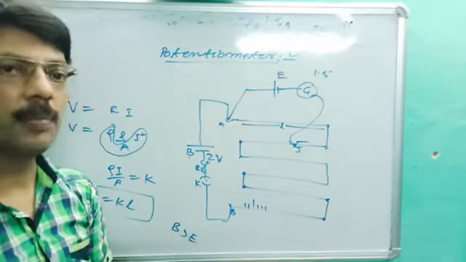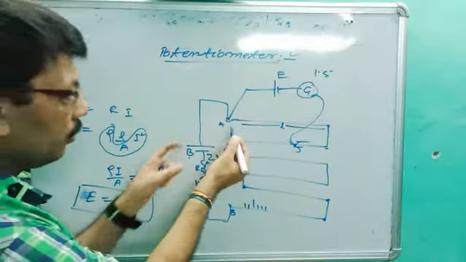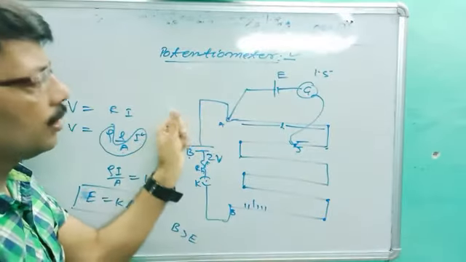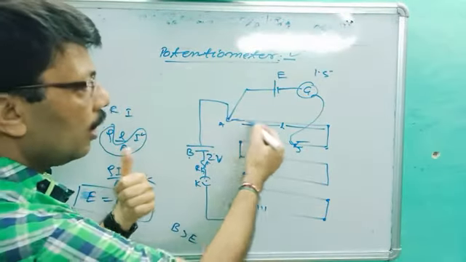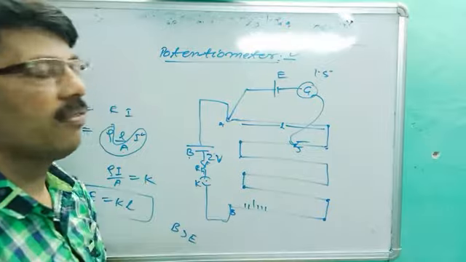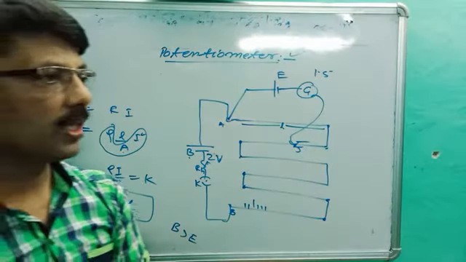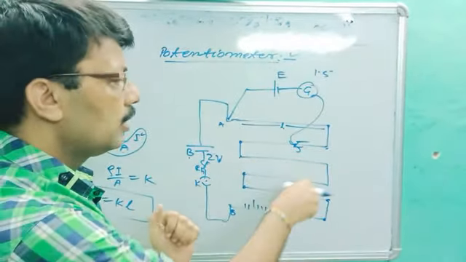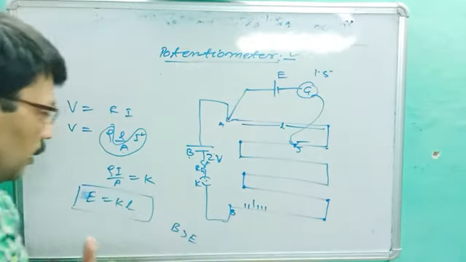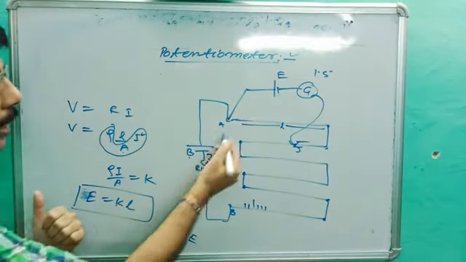So the principle of potentiometer: there is a voltage drop from A to B when constant current is drawn through a uniform area cross section of wire, then the voltage drop is according to length.